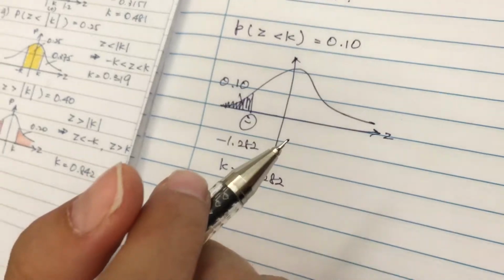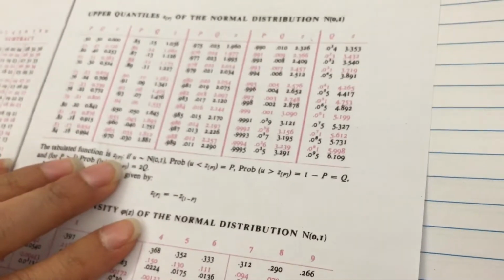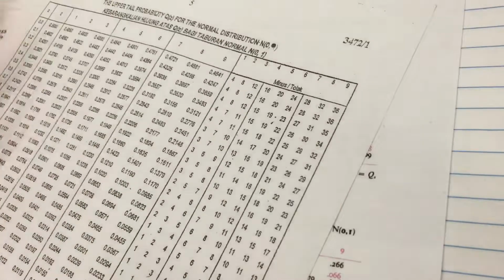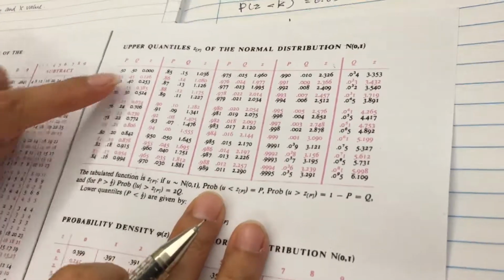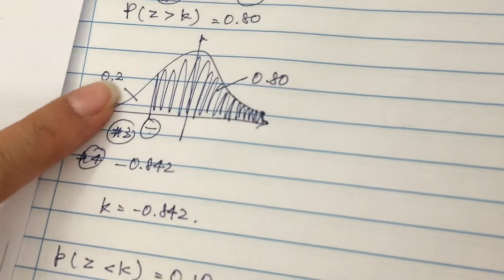Actually, there's another easier way. You can look at this side of the graph. The school ones don't provide it, but the real logbook has this side. So how you look for the Q: don't look for anything else, look for the Q. Like just now, it's 0.2 that I have to look at.